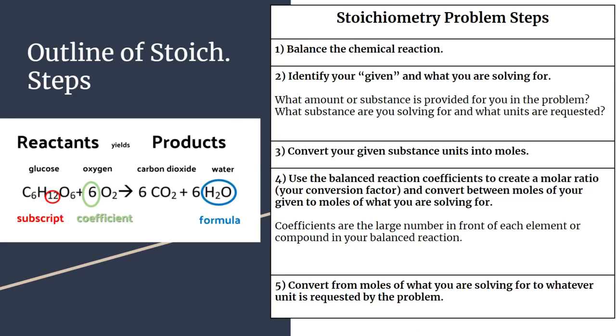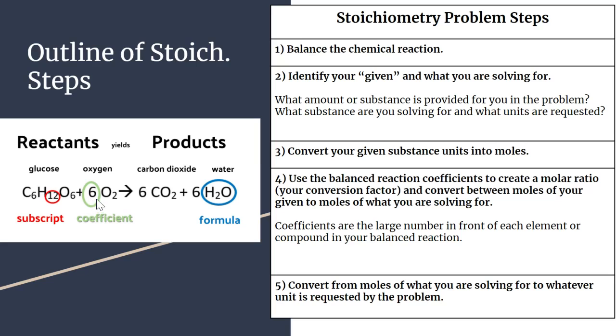I've also got a set of steps for you to do your problems with. Some of the terminology used you can see in this picture on the left. One thing I want to highlight is coefficient. Do not get a coefficient confused with subscripts. Coefficients are the big numbers in front of the element or compound, whereas subscripts are the little numbers behind the element or compound.